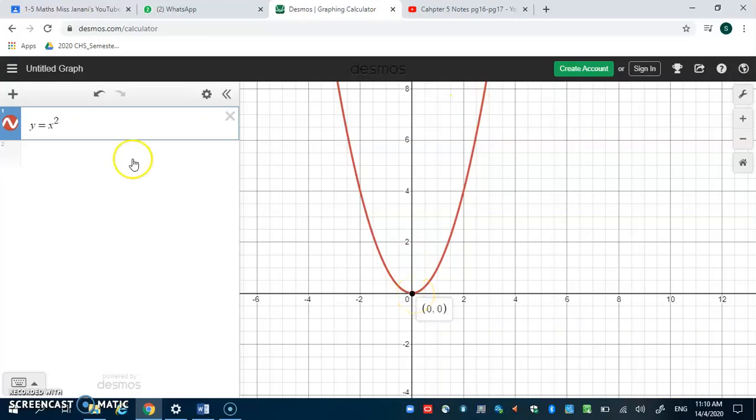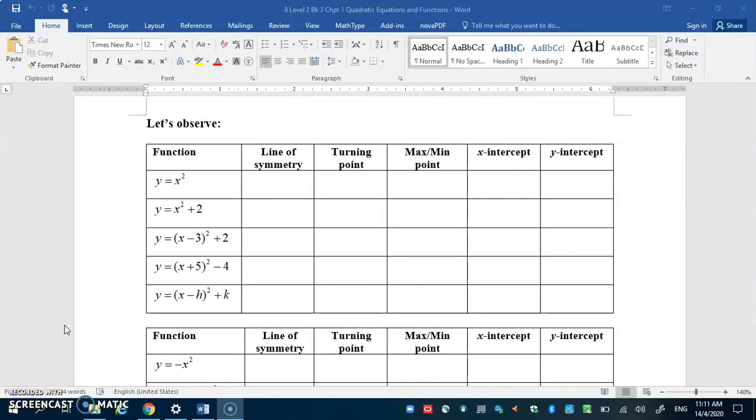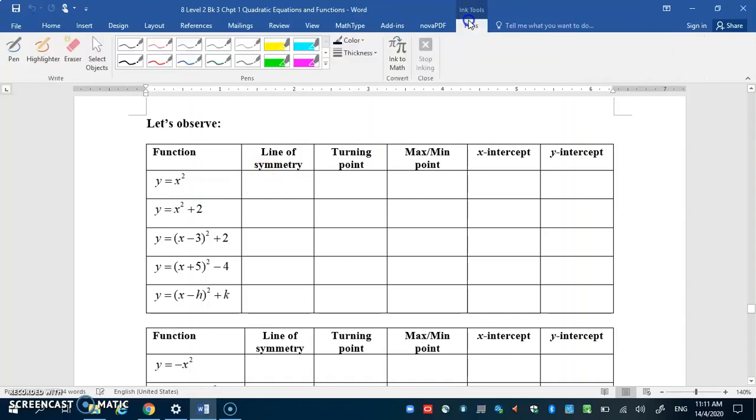Why? Because when I sub in x is 0, I will get y equals 0. So over here, the curve must pass through the point 0, 0. And the line of symmetry is basically the y-axis. Okay, so coming back to this, the line of symmetry is the y-axis. And the equation of the y-axis is actually x equals 0.